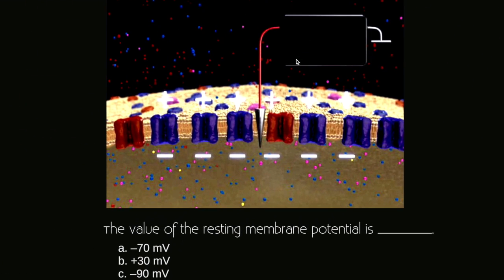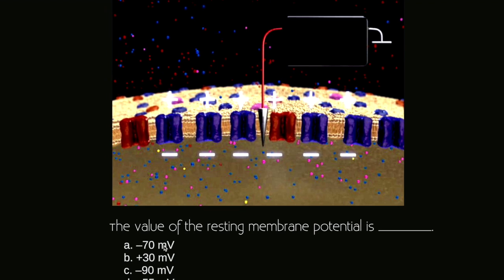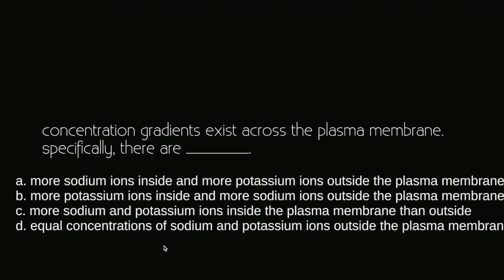Okay, so now we're going to do a review to see if anybody was paying attention. The value of the resting membrane potential: the correct answer is -70. Concentration gradients exist across the plasma membrane. Specifically, remember, it's a banana in salt water.